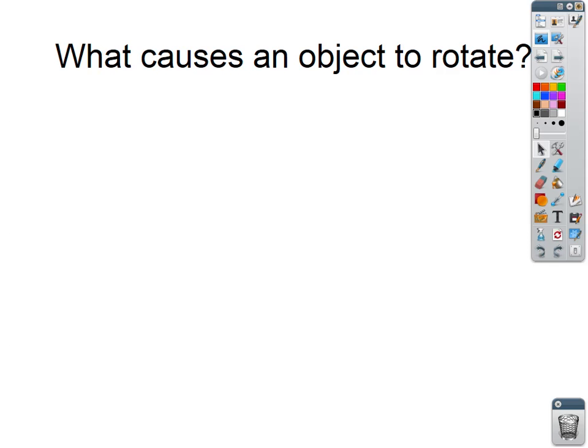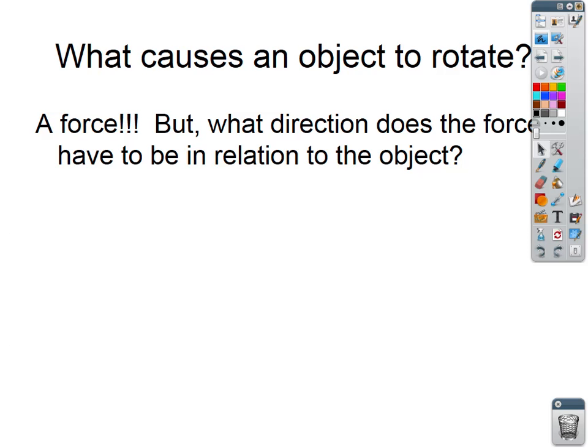Okay, so here we go. What causes an object to rotate? Usually people will go, well, a force. Okay, a force. That is partially correct. You do need to apply a force to make anything begin to move, but I can apply a force and make it move but not rotate.